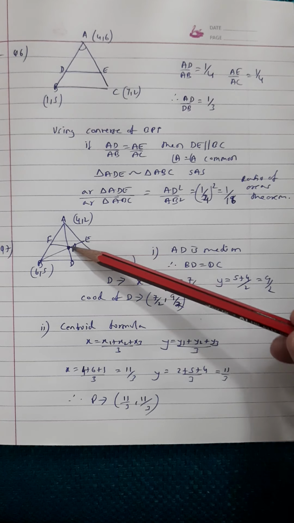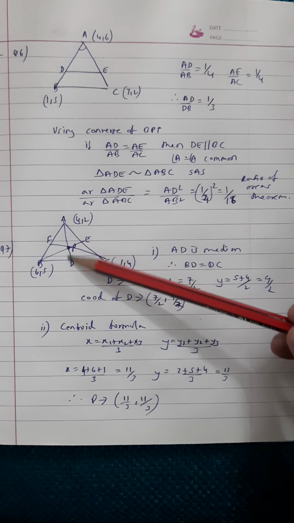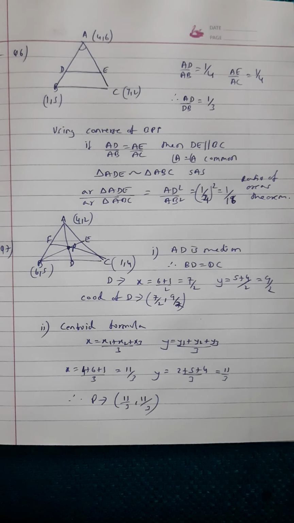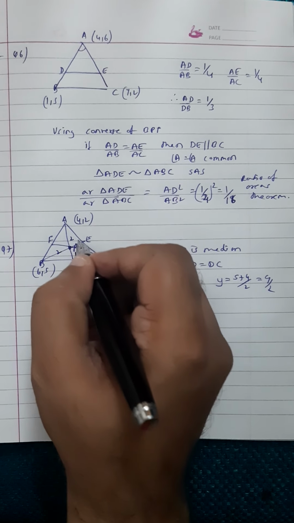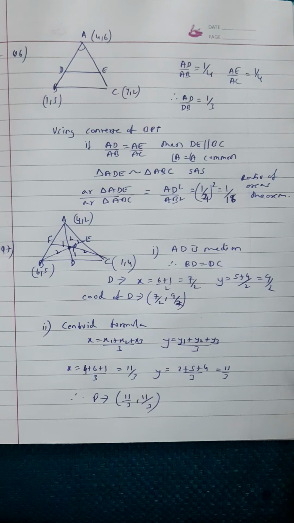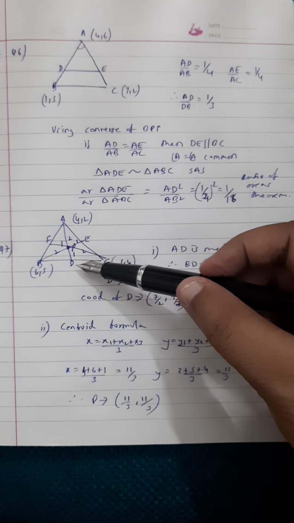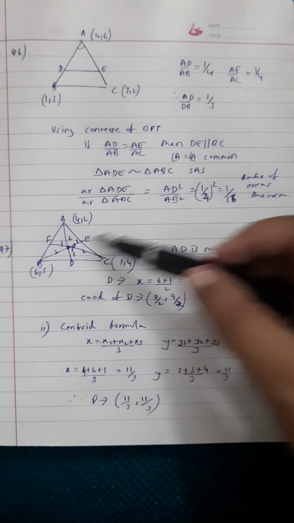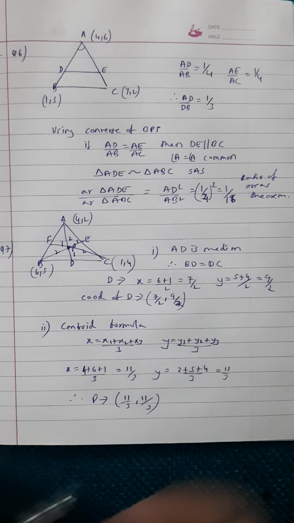Now the question is to find out the coordinates of this point P. Now they have said that the centroid divides it in the ratio 2:1. So this is 2, this is 1, this is 2, this is 1. Always remember, from the vertex to the centroid it's 2 parts, and from here to here it is 1 part. So wherever you take, vertex to this point is 2, then 1, 2, 1.